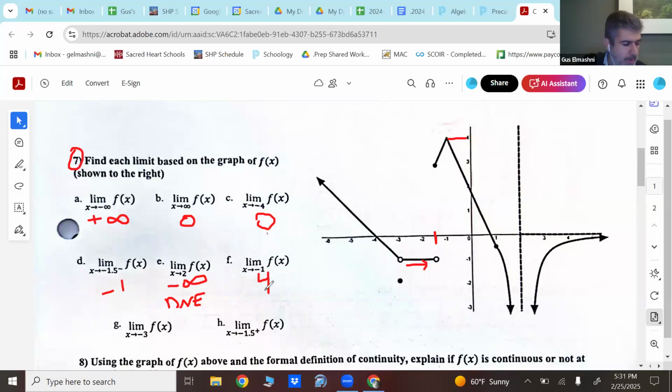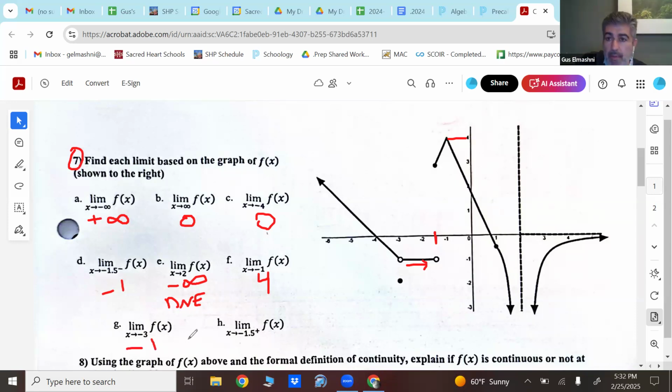If you're approaching negative 3, that would be negative 1. It's going to be negative 1, correct?